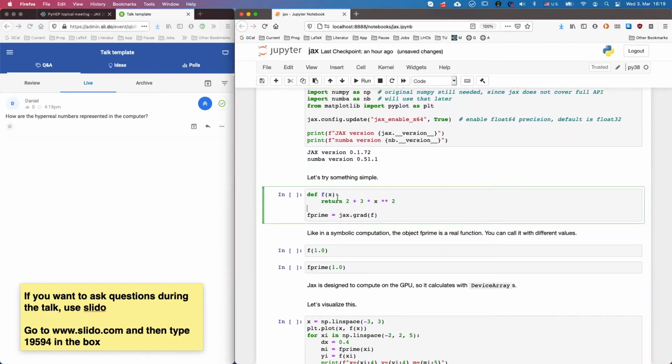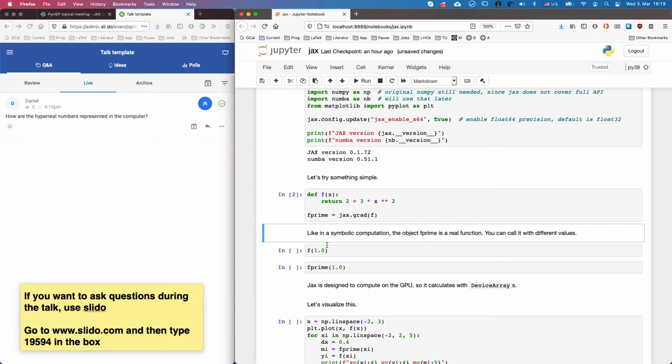Okay, so let's start with a simple function. I put in here just a simple polynomial, and I ask JAX to compute the gradient of this function. Nothing happens because we didn't give an argument yet, and JAX evaluates everything lazily.